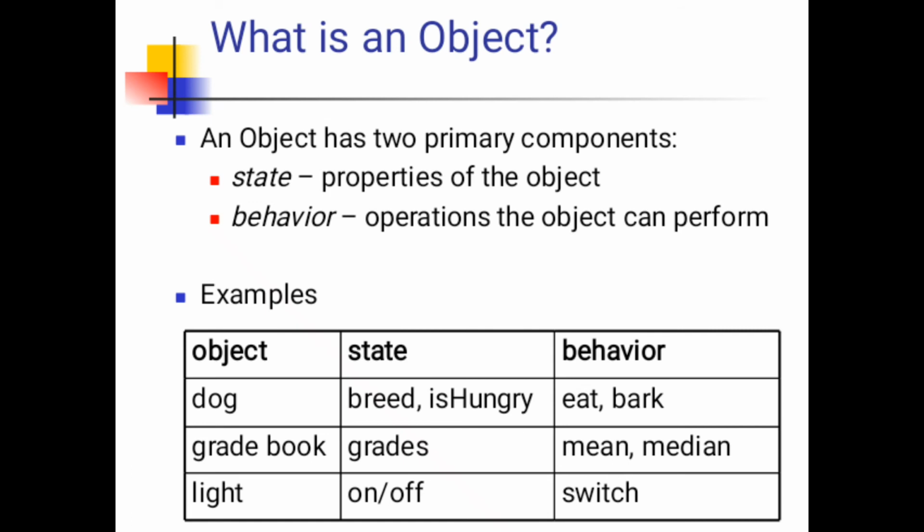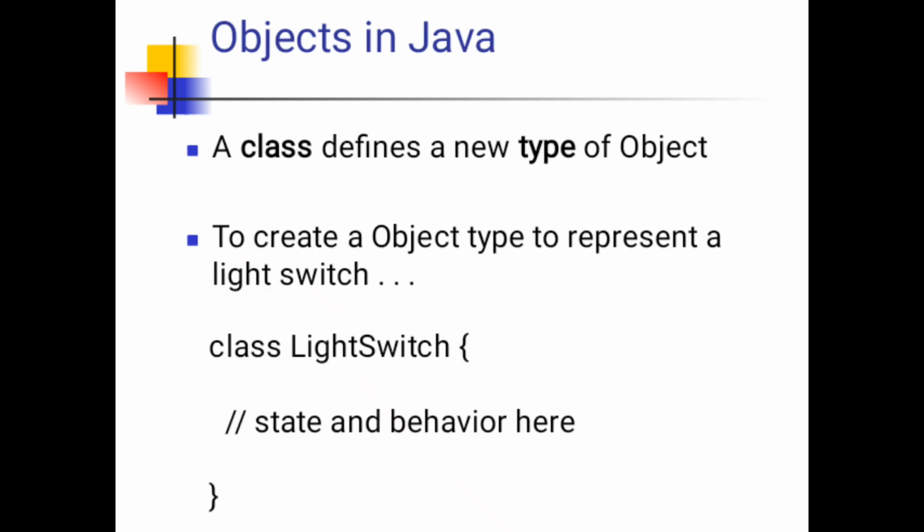The state that GradeBook has is grades, and its behavior is mean or median. And a light has a state which is on or off, and its behavior is switch. Let's go to the next one.